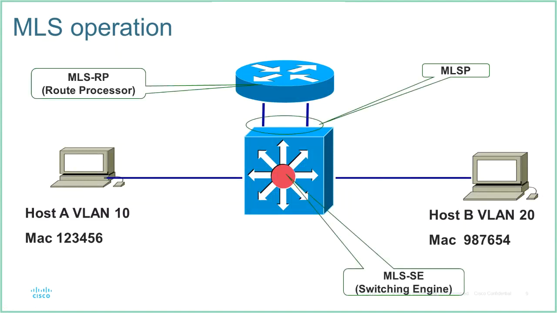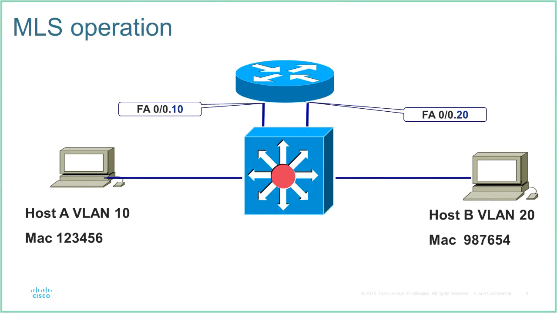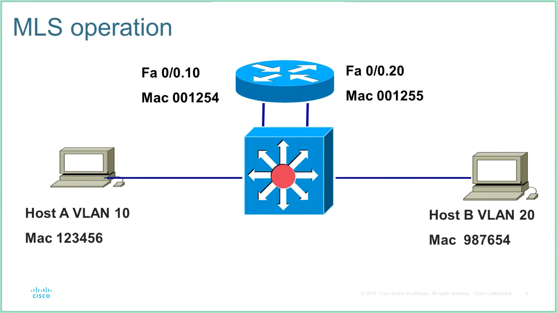Okay, so within the multi-layer switch, we have a route processor, and it has internal switching with links up to the route engine and back down for each virtual network that it connects to. And each of them gets assigned an interface with individual MAC addresses, just like if it was a router.